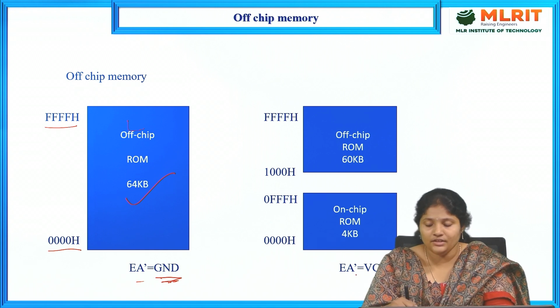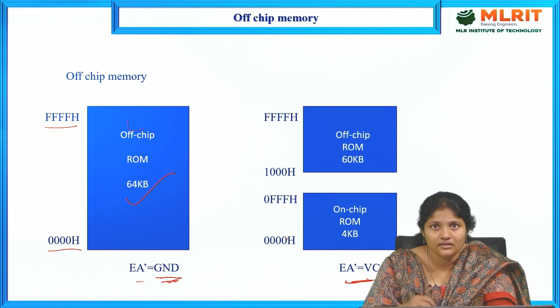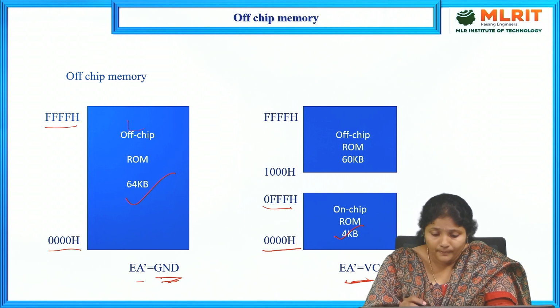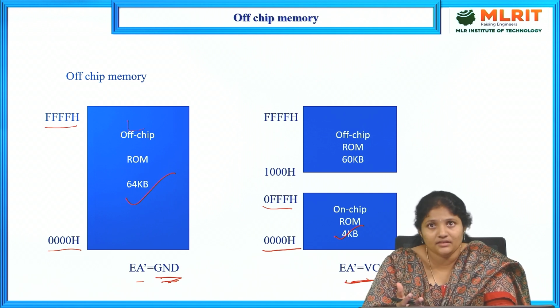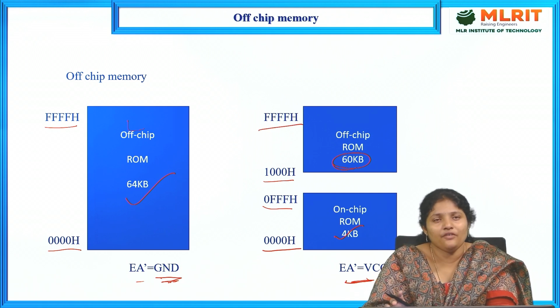If EA equals VCC, then there are two things. First, it will access the internal ROM, that is 4 KB, from 0000 to 0FFF. Then it will switch to the external ROM of 60 KB from 1000H to FFFFH. This is how the off-chip memory of 8051 looks.